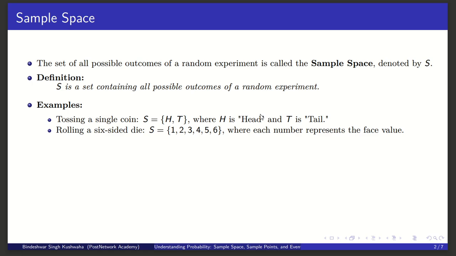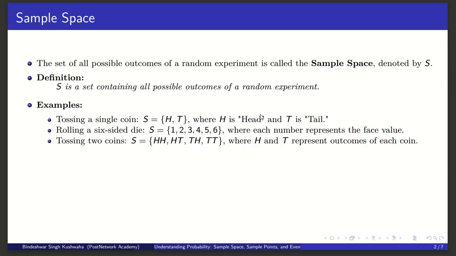If you put it in set style, that would be the sample space, where each number represents the face value. Now if you are tossing two coins, there are four possibilities, and if you put all possibilities in a set, that would be the sample space, where H and T represent outcomes of each coin.